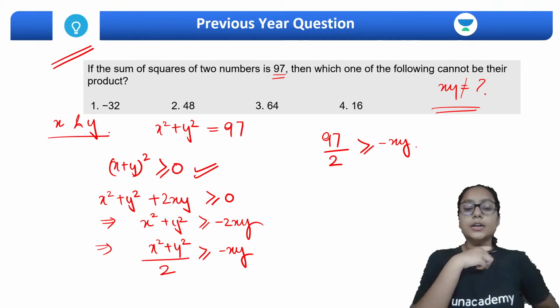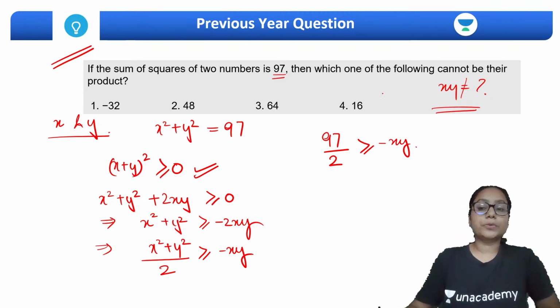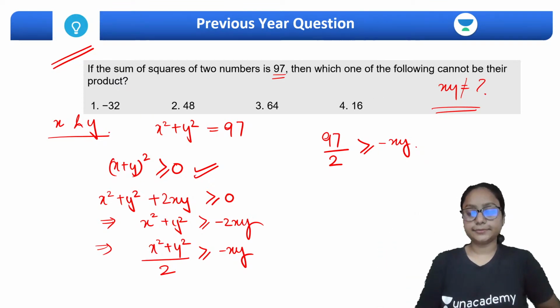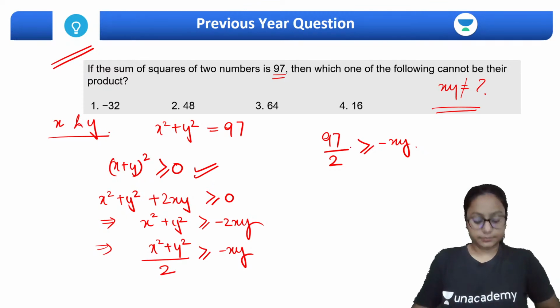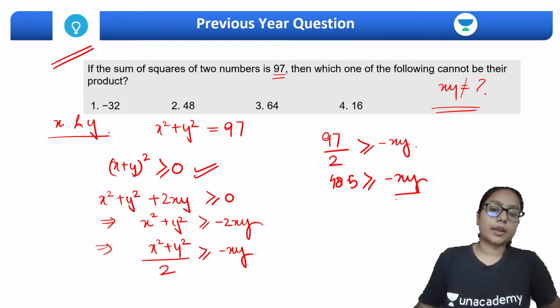Please think about it, and which of the following options is not a possibility for the product? Correct. So 48.5 is greater than or equal to minus xy.